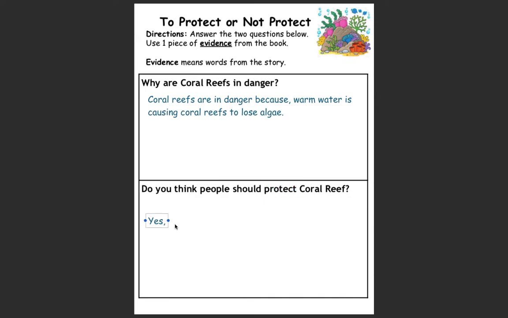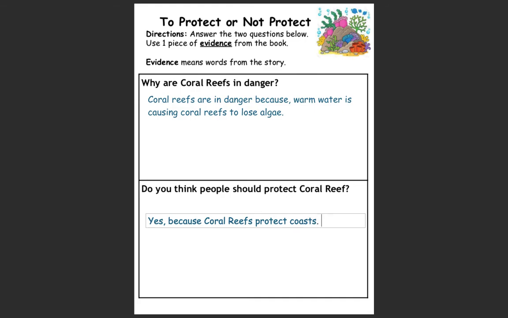Yes, because coral reefs protect coasts.